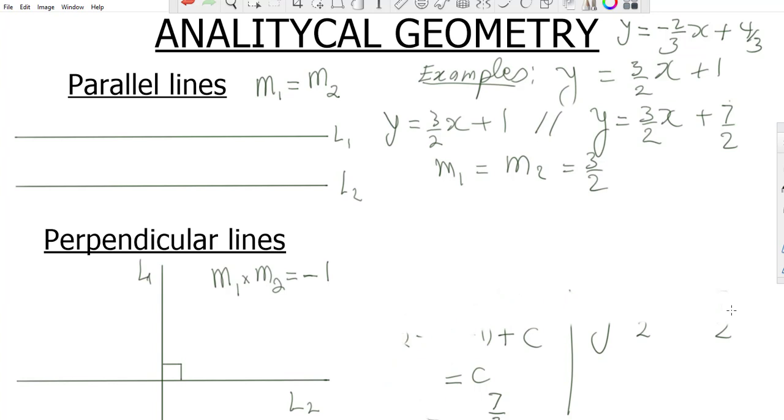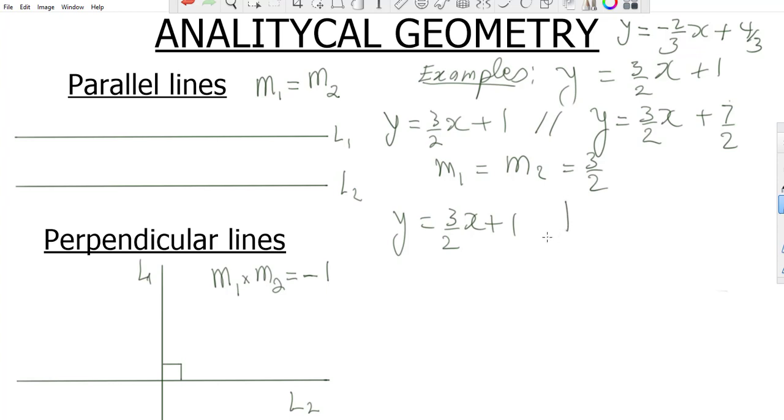Then we see the equation 3 over 2 x plus 1 is perpendicular to y equal to minus 2 over 3 x plus 4 over 3.